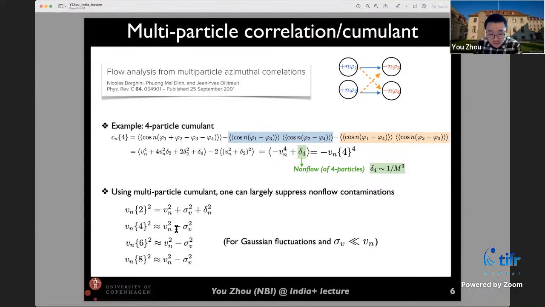It's a minus, so the Vn square minus the sigma V square. So this is important because if you can suppress the non-flow effect also in a 2-particle correlation using something like the eta gap method, then by using the combination of 2- and 4-particle cumulants, we can obtain both the Vn coefficient and also the flow fluctuation sigma V.